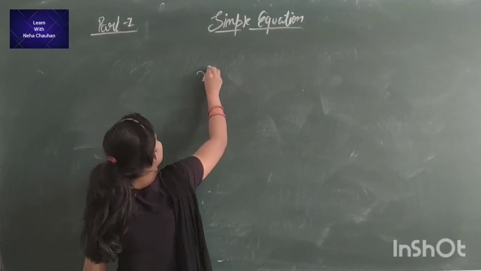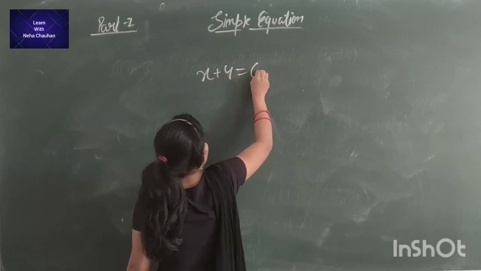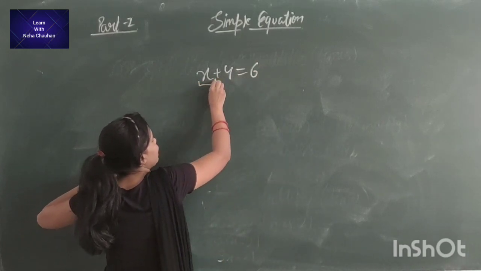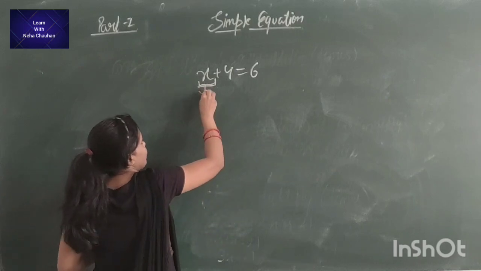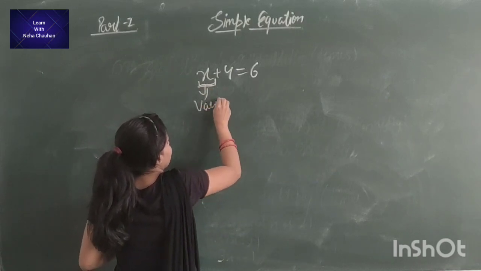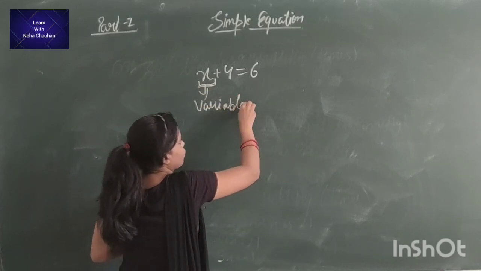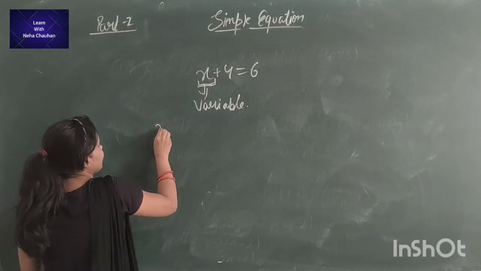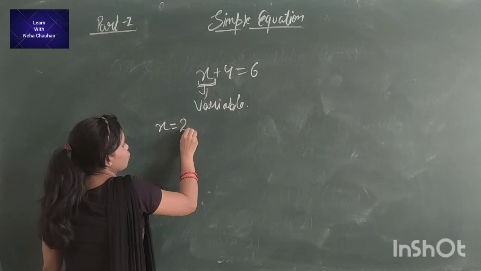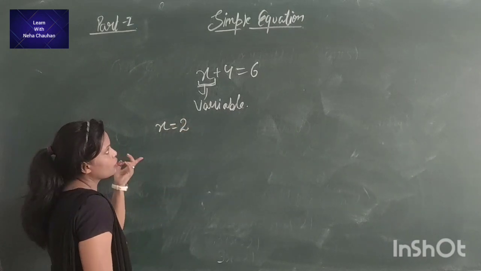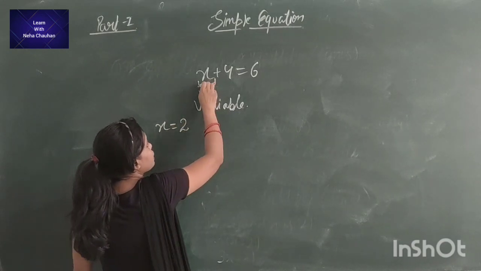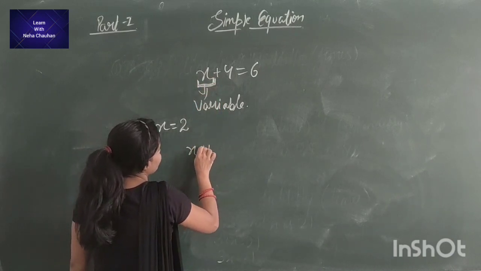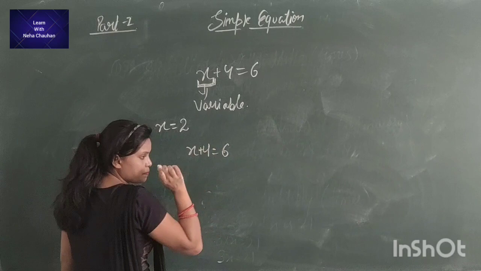If we take an equation, here the alphabet in the equation is known as variable. Okay, how do we put the value? Suppose we are given that x is equal to 2. Okay, so how will we put the value? We will put x is equal to 2 in x plus 4 is equal to 6.